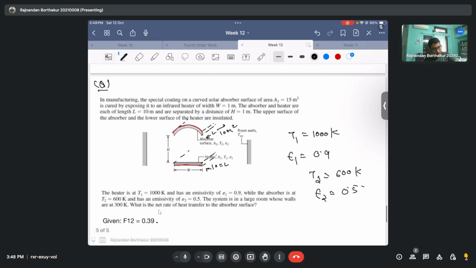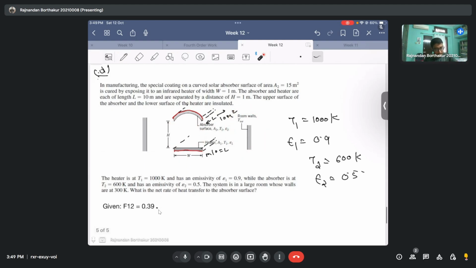And most importantly, it says that the system is in a large room, that is this absorber heater system is surrounded, it is kept in a large room whose walls are at 300 Kelvin. For instance, you can say that the surrounding surface of this absorber and heater is a room whose temperature is 300 Kelvin.